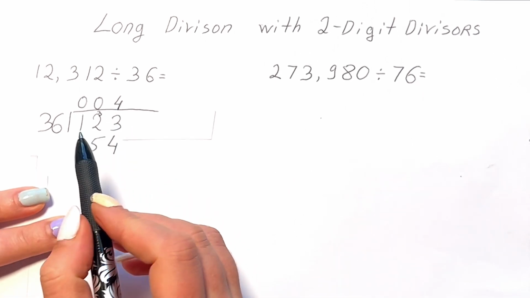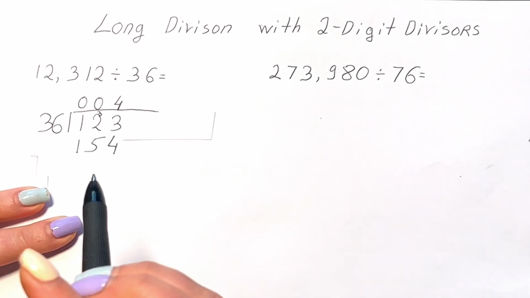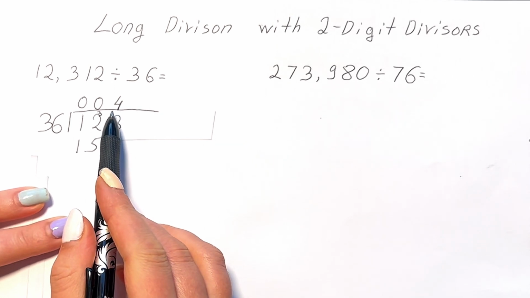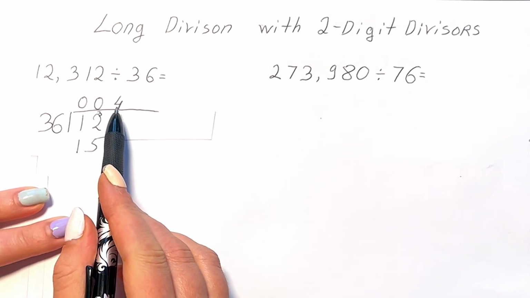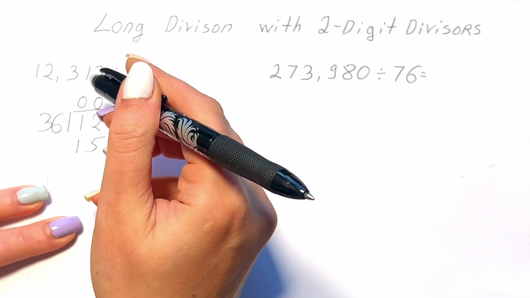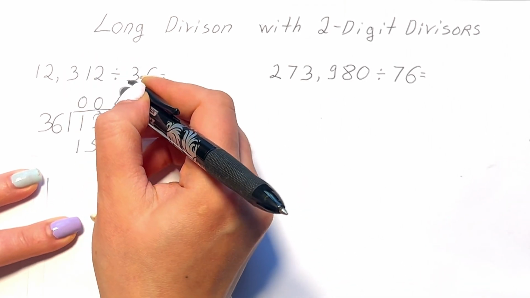So what are we gonna do? If our imaginary number is not working, we just go 1 digit less. Okay, let's erase the last step.